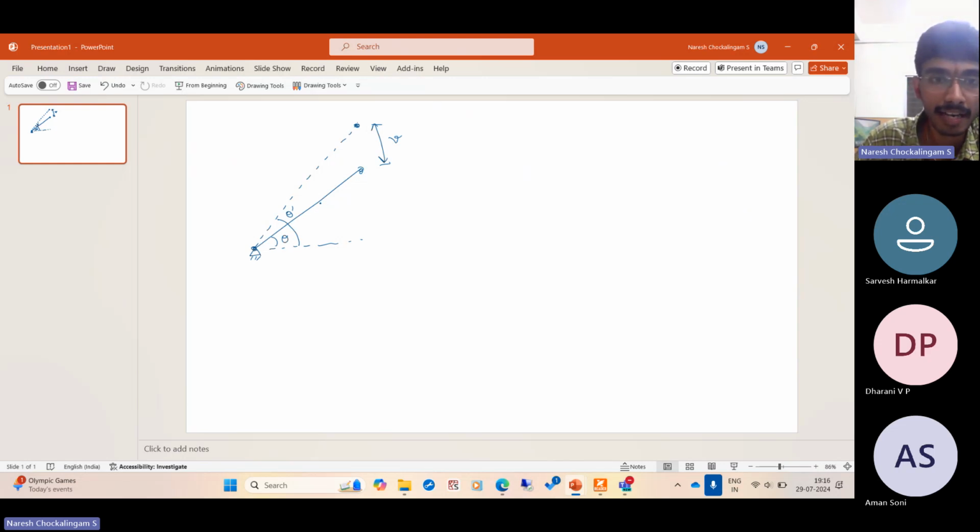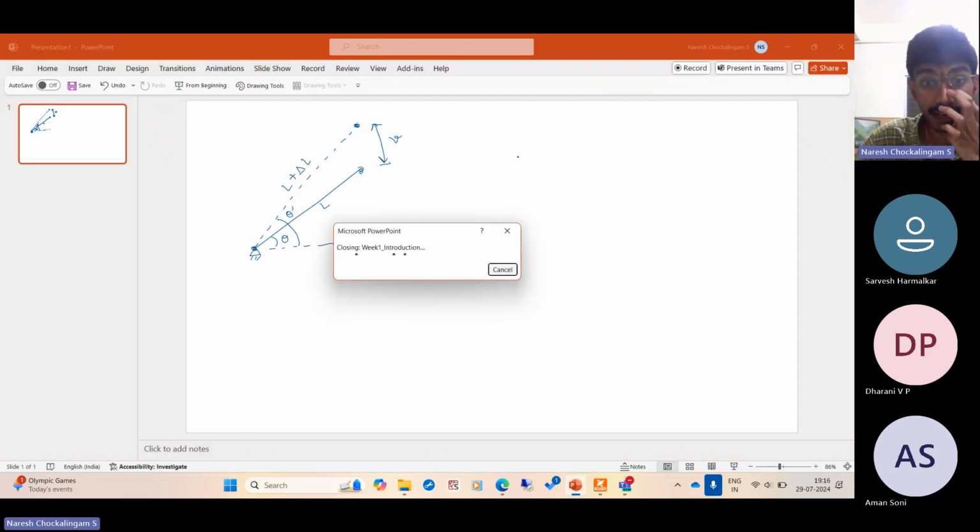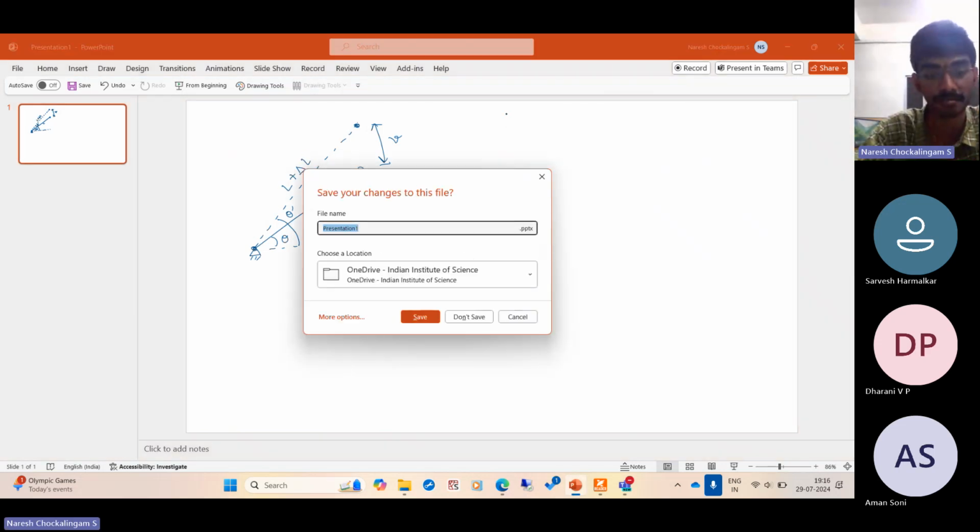Now let us see the actual deformed length. Originally it has a length L. Finally it has a length L plus delta L. What is L plus delta L? Okay, leave it.